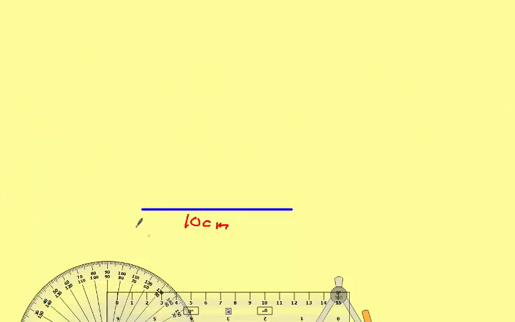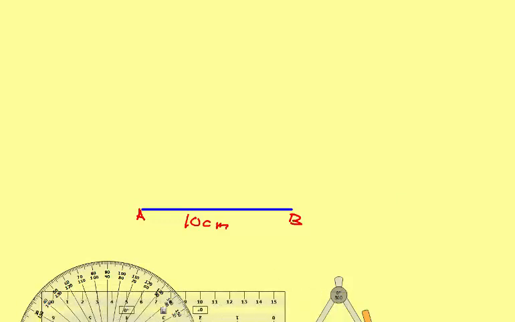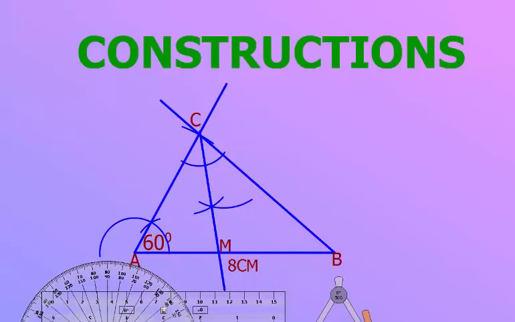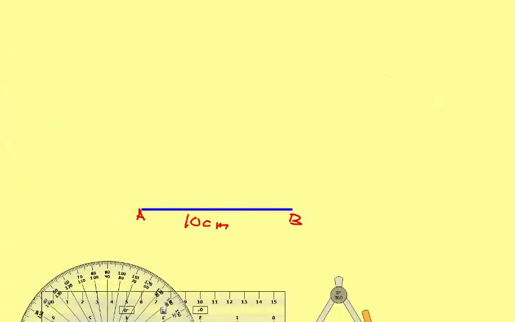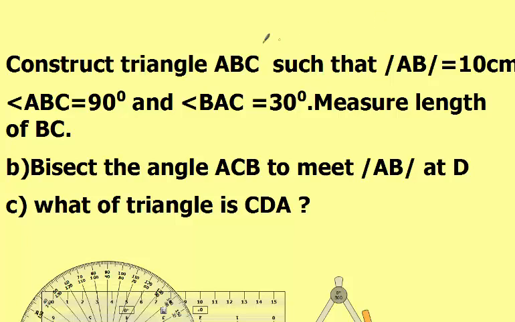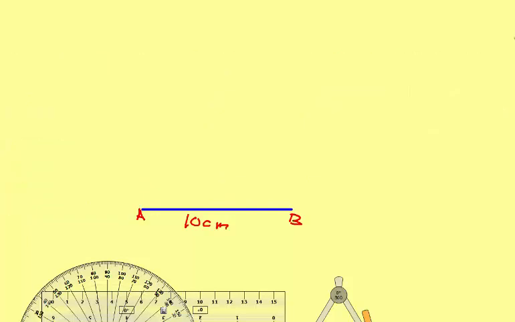So from here, this is our A and this is our B. So 90 degrees is going to be drawn on point B, because according to the question, angle ABC, and the middle letter is B. So it means that you are going to draw 90 degrees on point B. Right, so let's move to draw.